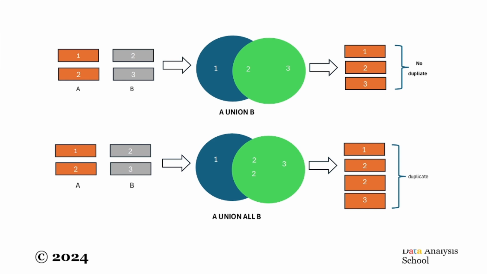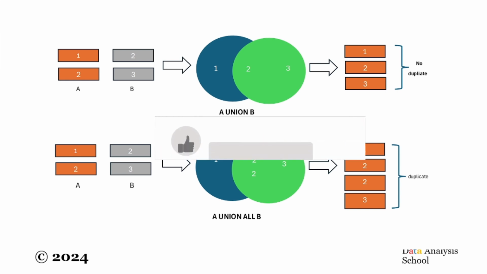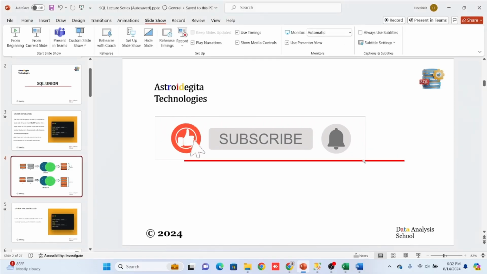So you can use join to combine columns of multiple tables, while we use the union to combine rows of the same table structure. Let me move to my database, my SQL, to see how we can make use of this union, right?